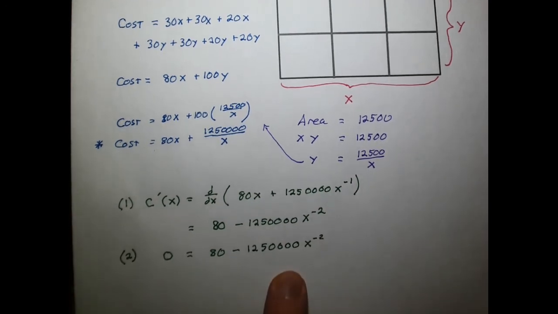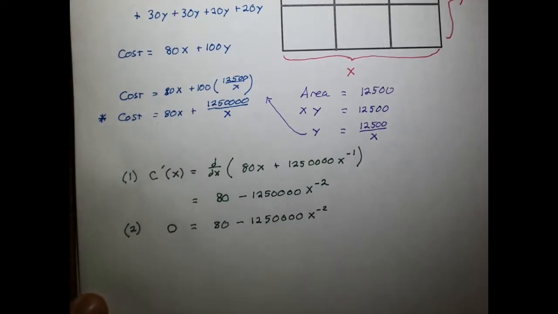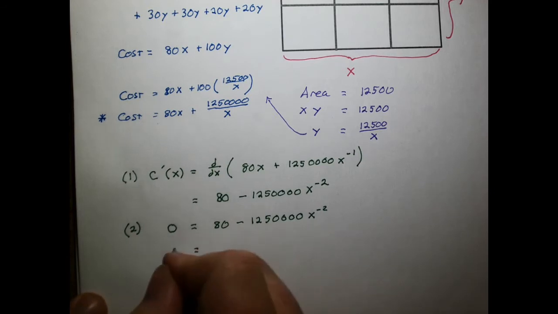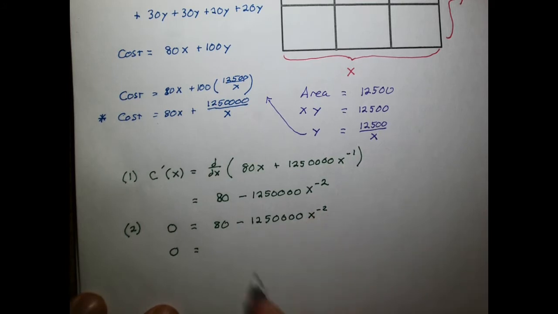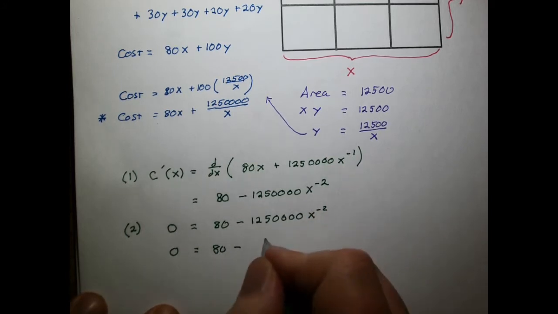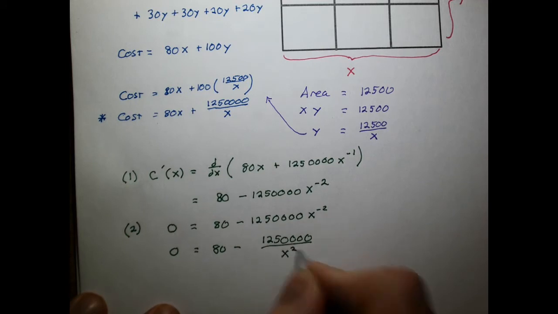And if you want to solve an equation like this, probably a good strategy is to get rid of these negative exponents. So I'm going to write this as 80 minus this number divided by x squared.